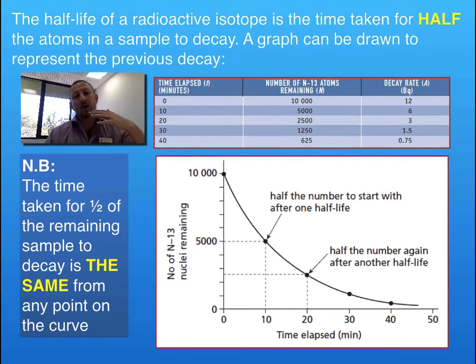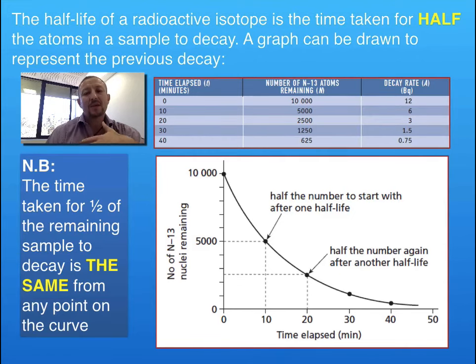So we've gone from 12 to 6 to 3 to 1.5 to 0.75. And what we get is this inverse curve, which is basically our half-life curve.